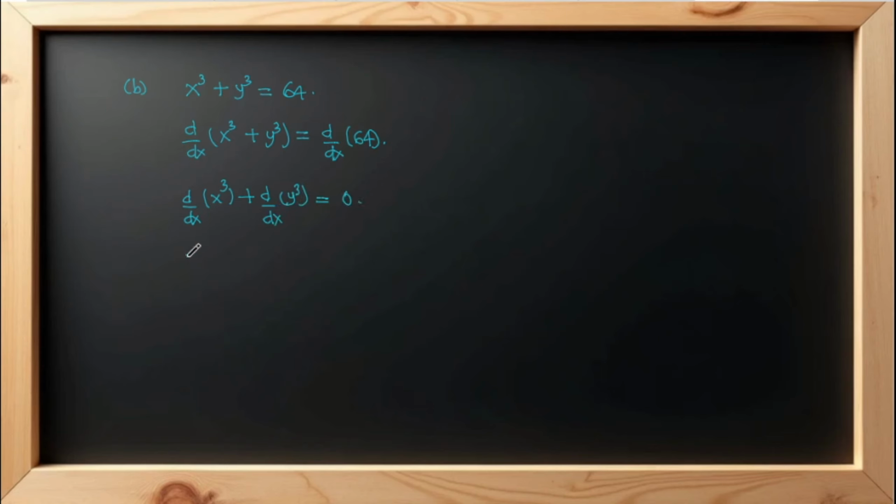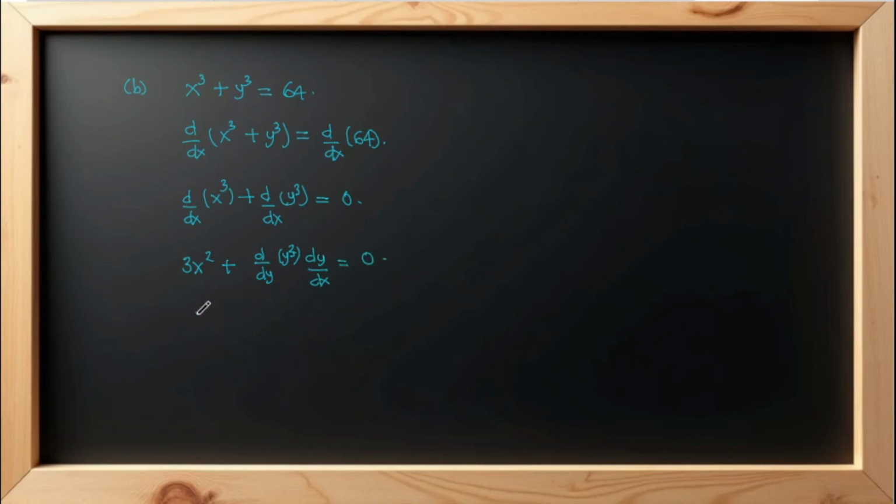And we can do the same here. This is the normal derivative. We shall have 3x squared, the power is reduced by 1 to 2, plus, then we repeat the same scenario we did earlier on, where we differentiate with respect to y first, that function y cubed, and we multiply by dy by dx, equals 0.